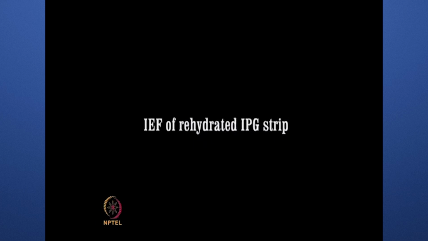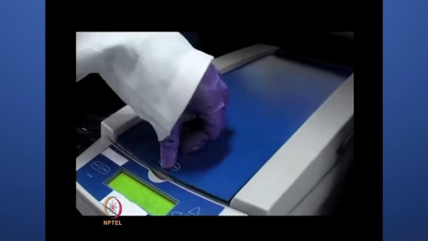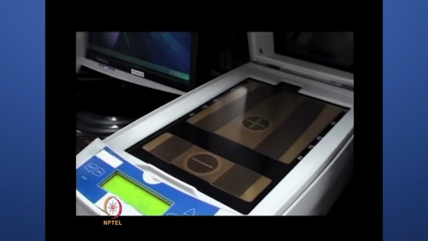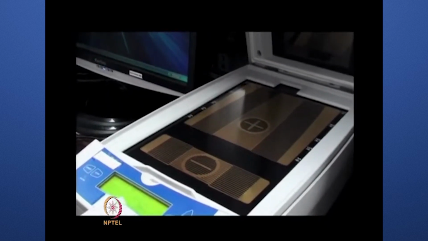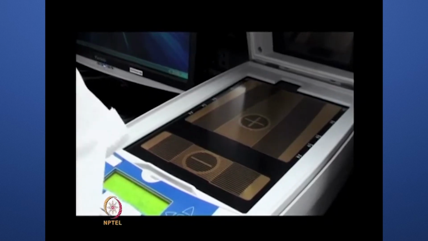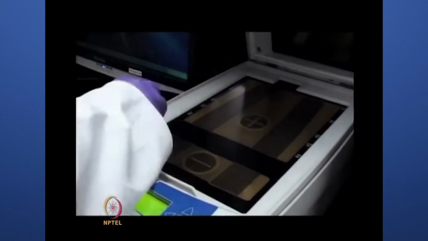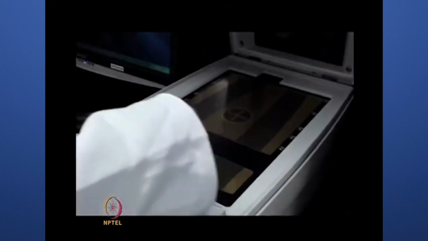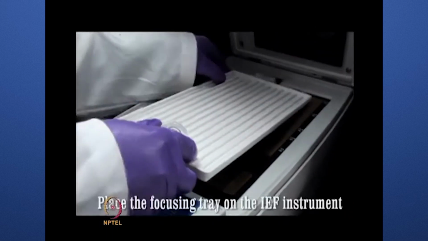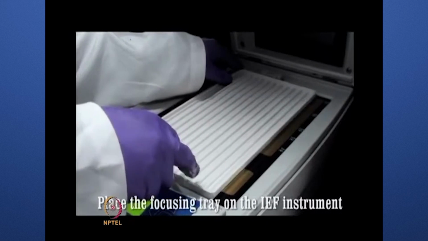Isoelectric focusing. Initialize the instrument and clean the surface well with a dust-free cloth. Place the focusing tray on the instrument and ensure that it is properly balanced.